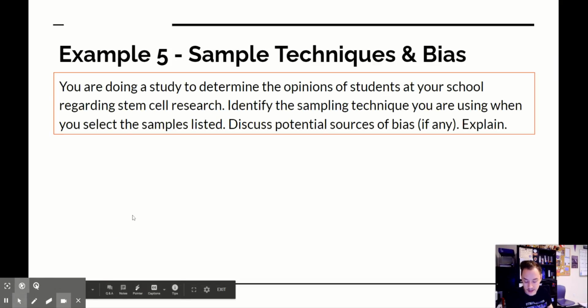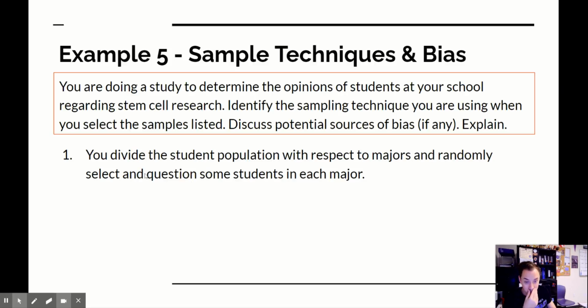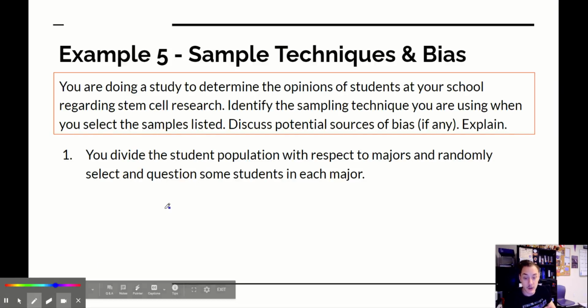Let's get through some other examples. You are doing a study to determine the opinions of students at your school regarding stem cell research. Identify the sampling technique you are using when you select the samples listed. Okay, discuss potential sources of bias, if any. So you divide the student population with respect to majors and randomly select and question some students.